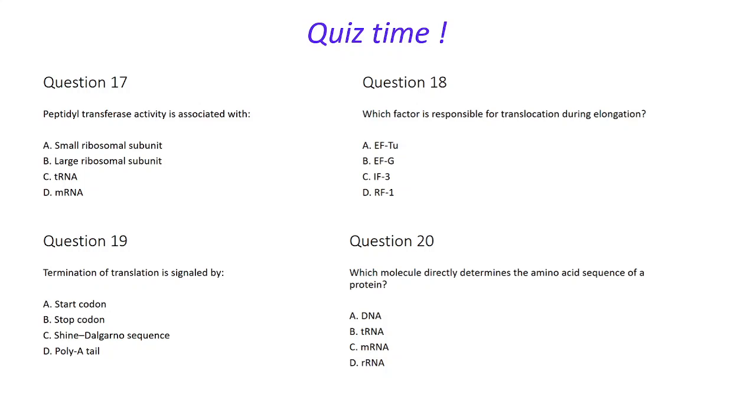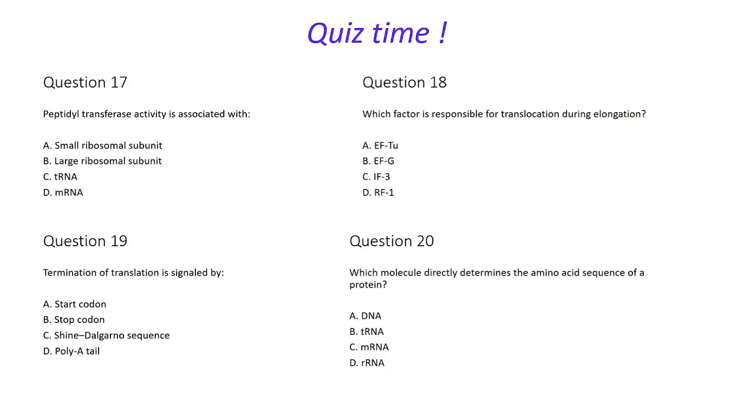So what is the role of EFTU? EFTU is the elongation factor thermo-unstable. It is responsible for delivering the amino acid tRNA to the ribosomal A site during the elongation phase of translation, ensuring that it's correctly decoded.